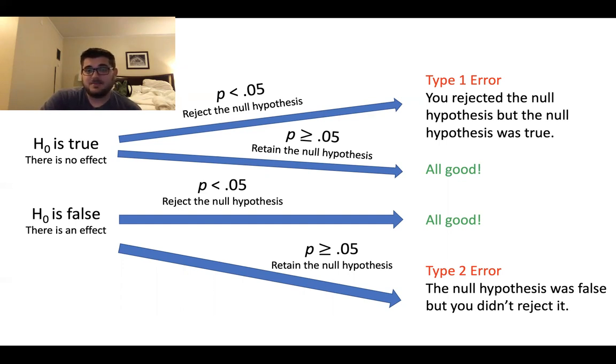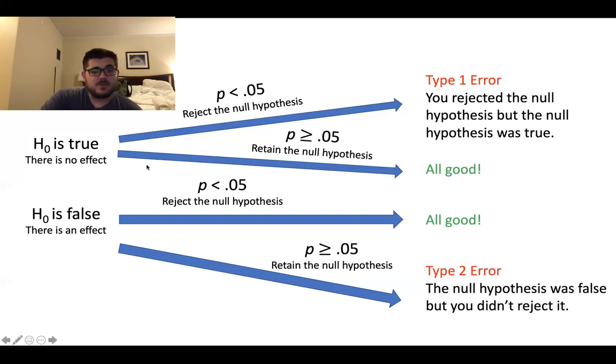It's not likely, but it can happen. Well, you assume the null hypothesis is true, and then you observe some extraordinarily rare event that made it look like the null hypothesis is false. So you reject the null hypothesis. This is called a type 1 error. You rejected the null hypothesis, but the null hypothesis is true. So scientifically, this is like you saying, ah, there's something there, there's an effect, when there really is no effect.